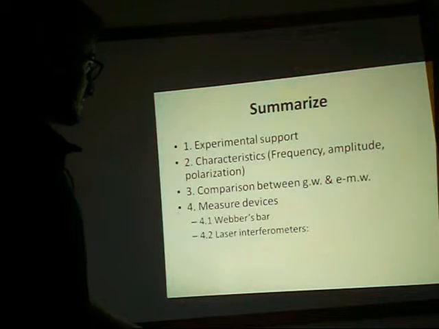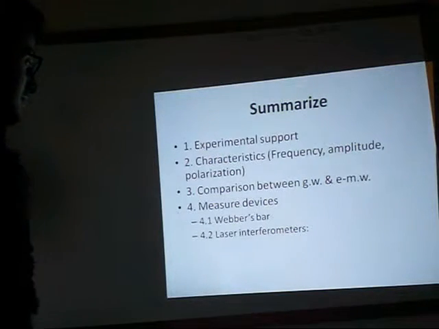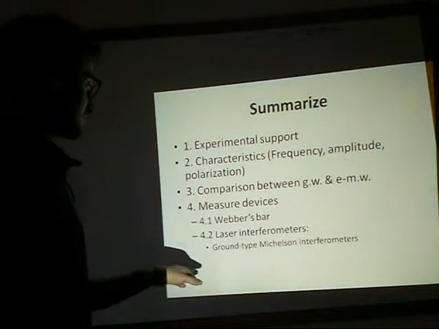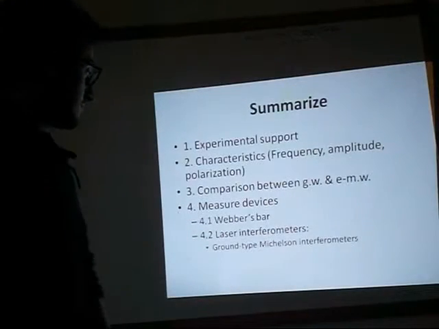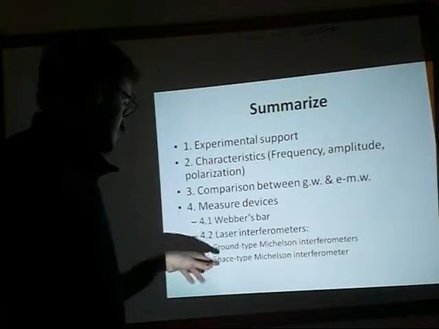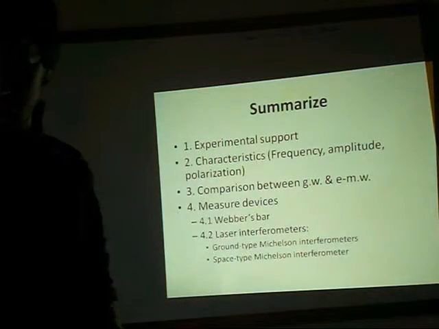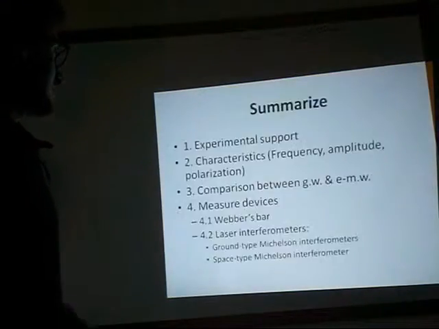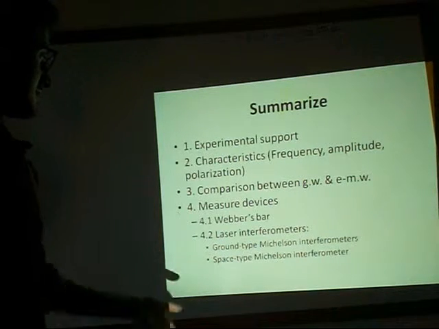Later I will explain laser interferometers, which we can separate into Michelson interferometers of ground type and of space type. Ground type is on Earth, on land; space type is in space, obviously.